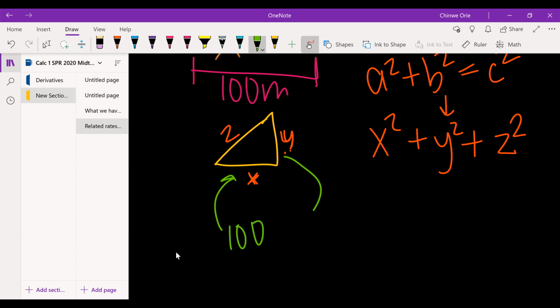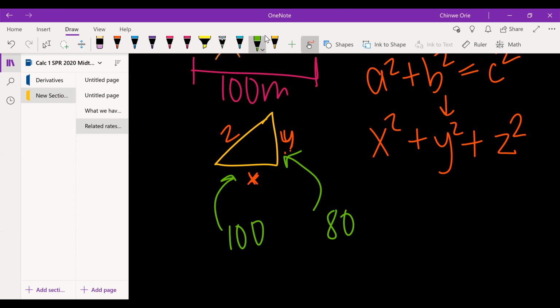Y is 80. Okay, so you could find out what z is when you've got 80 and 100. But there are changing factors. You could solve for z now, but it wouldn't be the z as the distance is increasing. It would just be the z distance when you have 80 and 100 as your other two values.